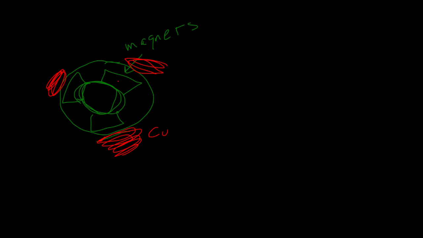As these magnets spin, if you look at this copper coil here, as this magnet passes through, you can think about the strength of the magnetic field looking like this. As the magnet gets closer, the strength of the magnetic field gets stronger, and then as the magnet gets further away, it drops.